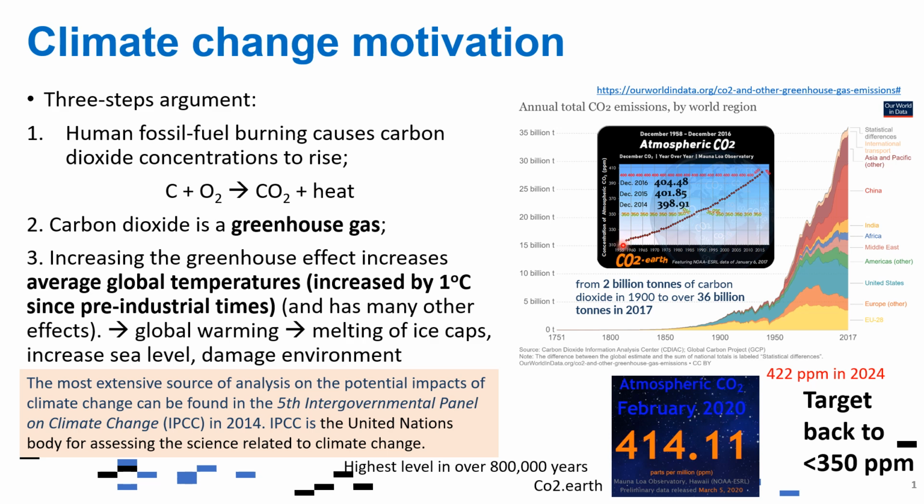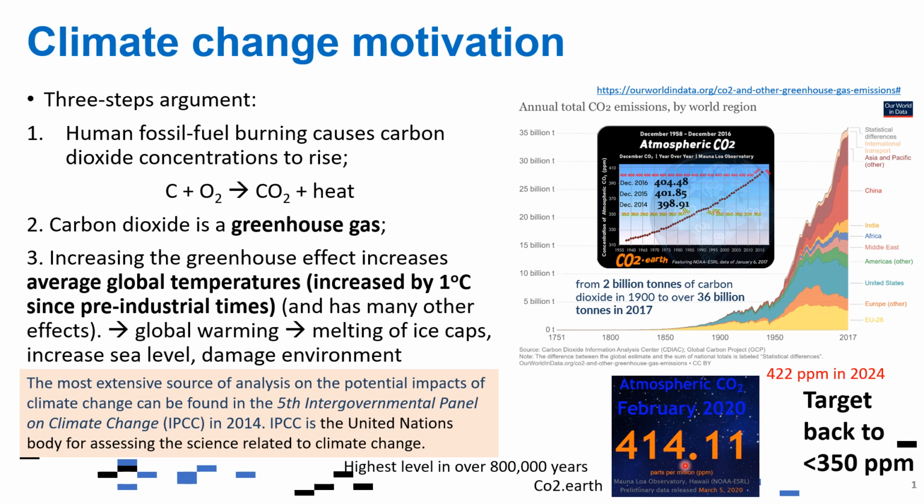As you look from here, in 1955, for example, it is only around 310 ppm, parts per million. It has now increased to around 404 ppm in 2017. And I checked just recently, in February this year, the concentration of carbon dioxide is actually around 414 ppm.